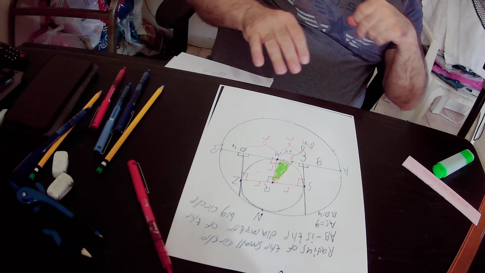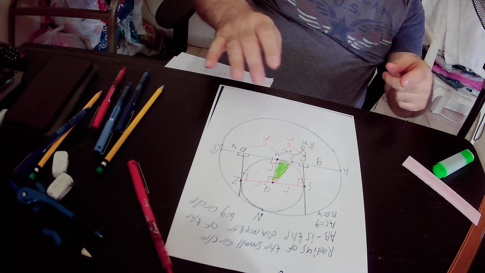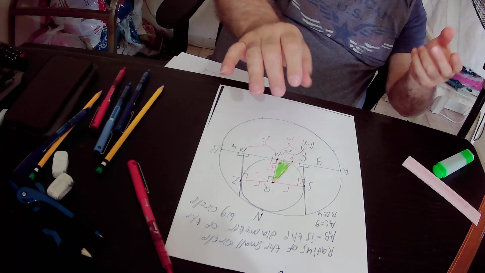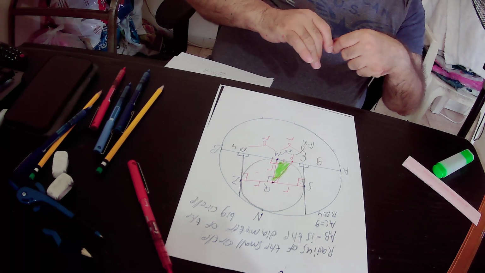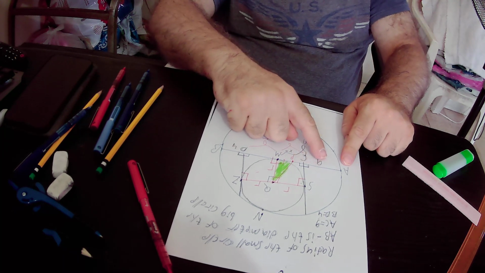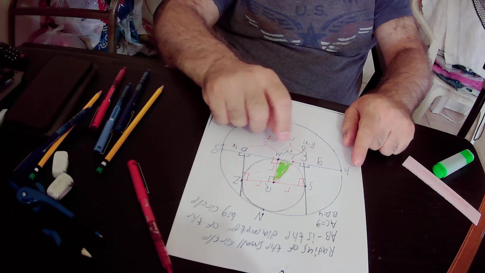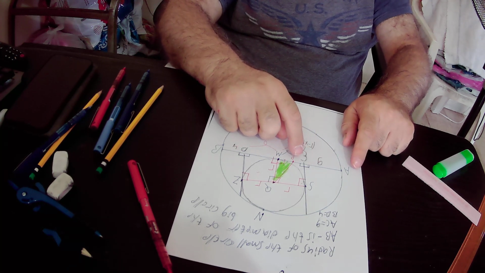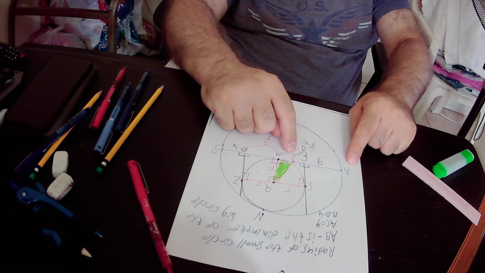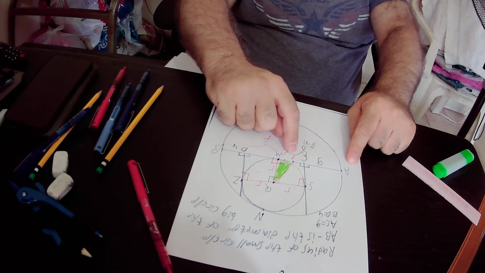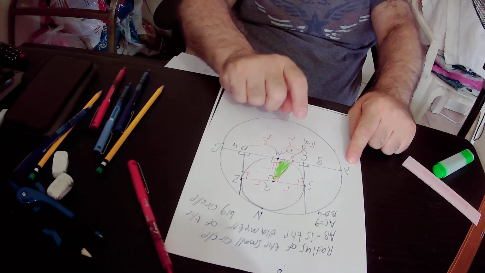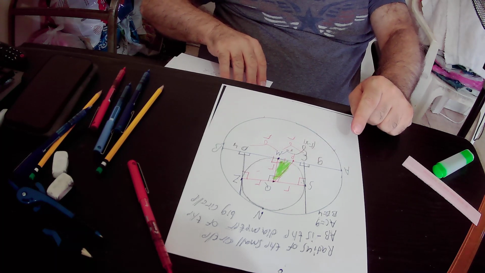Okay, then we calculated the radius of the big circle in two ways. Actually, AB is the diameter of the big circle, so it equals 2 times the radius of the big circle, and AB equals AP plus PB, that is actually R plus R, so AP equals capital R. So that is our equation number 1, that states that AP equals capital R. And what is the value of AP?